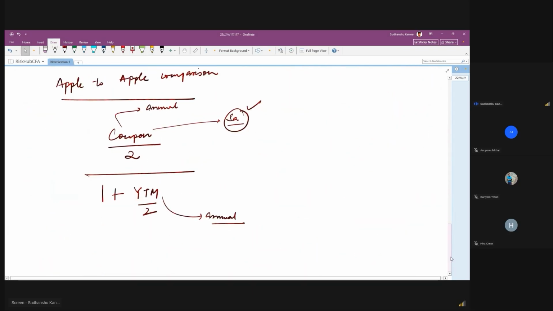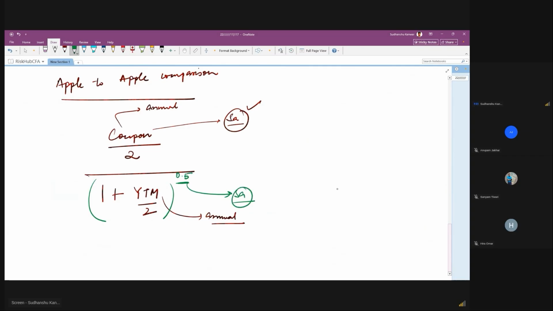Okay, so it's that logic, and the principle is that since this is semi-annual, the time period will depict semi-annuality. So the time period will be 0.5.